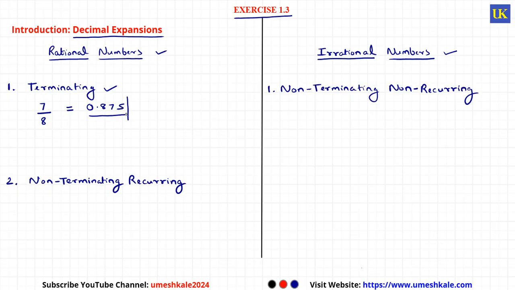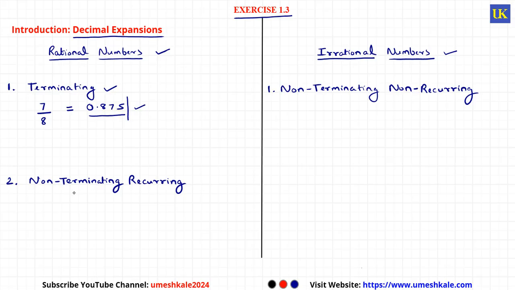That is why this type of decimal expansion is called a terminating decimal expansion. And if we see a terminating decimal expansion, then this number will be a rational number.